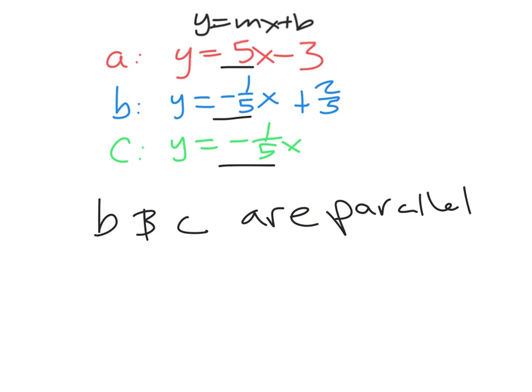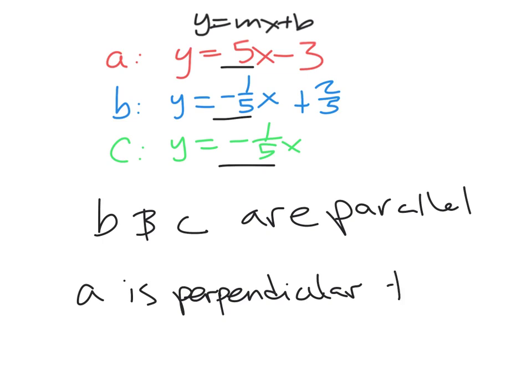And then, A is perpendicular to which ones? B and C. Yes, because you notice that 5 is the opposite inverse of negative 1/5.